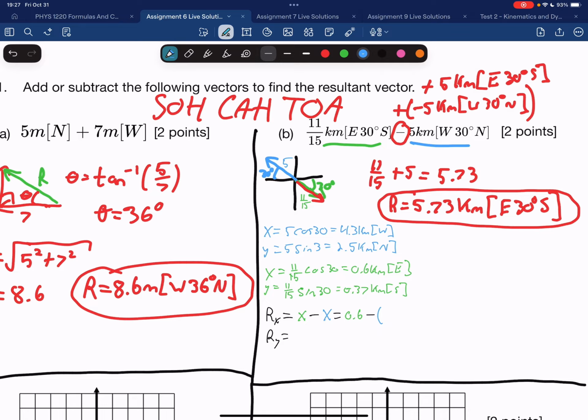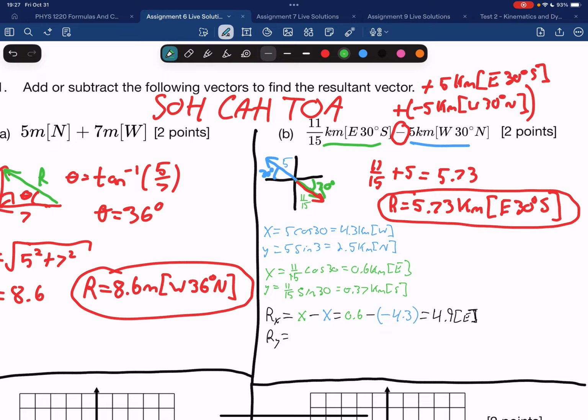I need these both to be in the same direction, so I'll flip west to east, and that will give me negative 4.3 east. Now these are both east, and adding these together, because these two subtractions multiply to create a positive, I'm going to get 4.9. And overall, that is east.